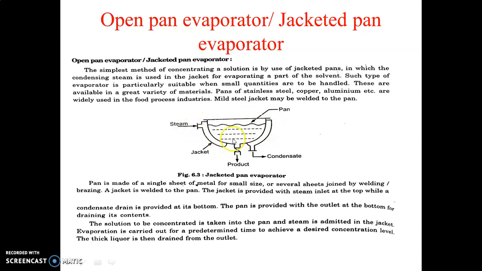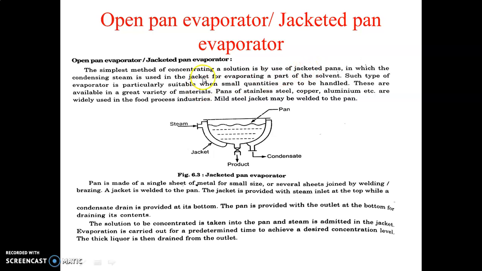The evaporation takes place for a predetermined time, and after achieving the desired concentration, suppose you put in a 5% solution and you want 20%, then when the 20% thick liquor is obtained here, this thick liquor can be withdrawn from the bottom.